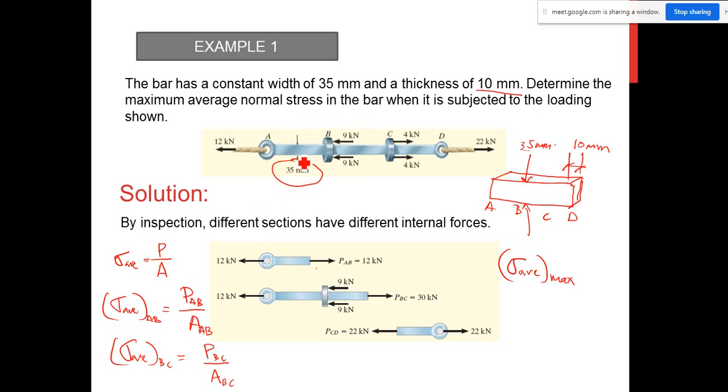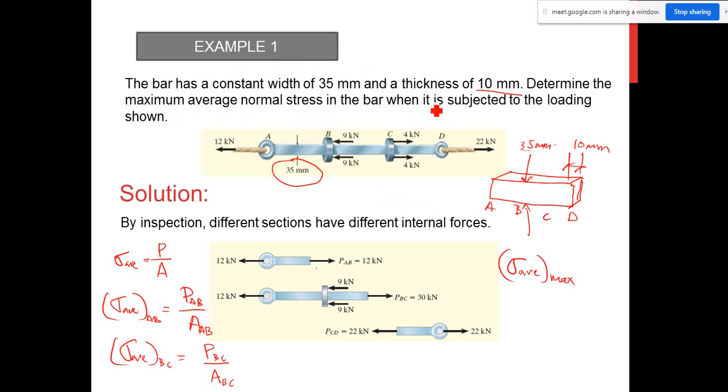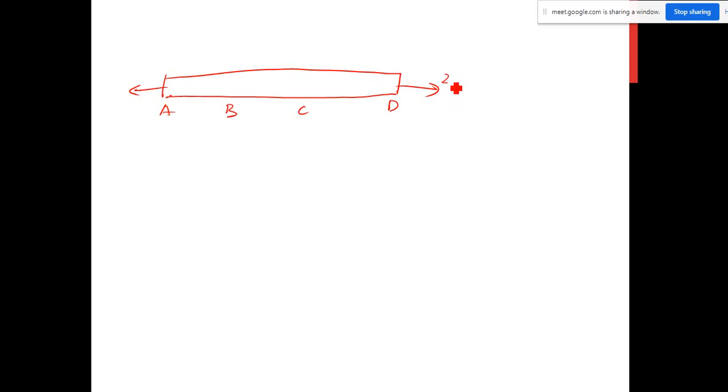For example, this is your bar. This is A, this is B, this is C, and this is D. And then this is 22 kilonewton, and this is 12 kilonewton.